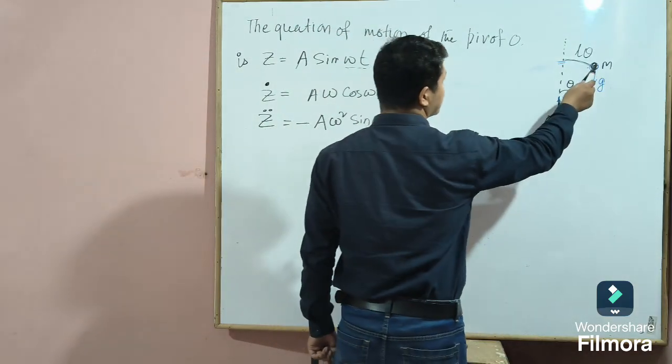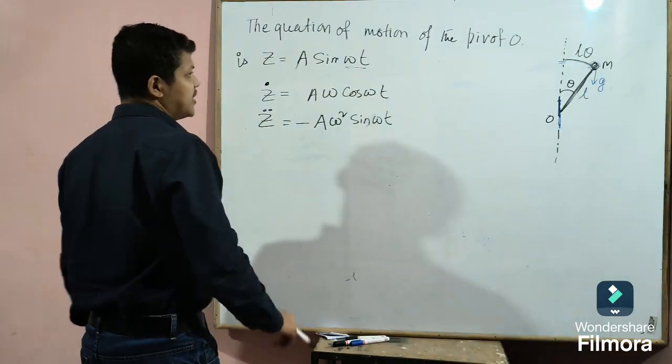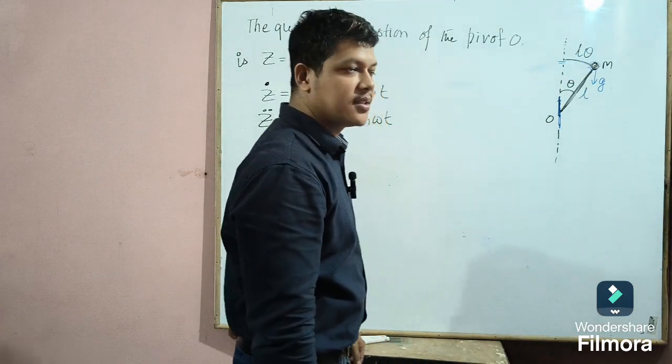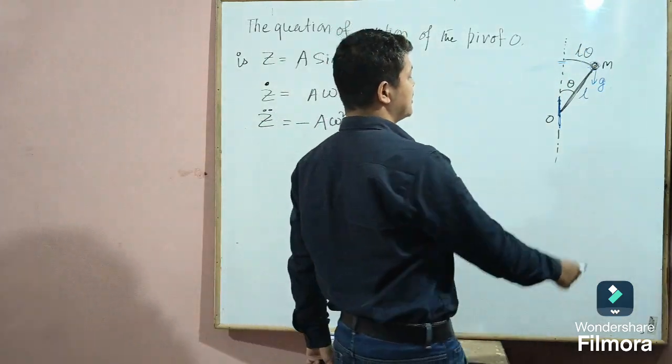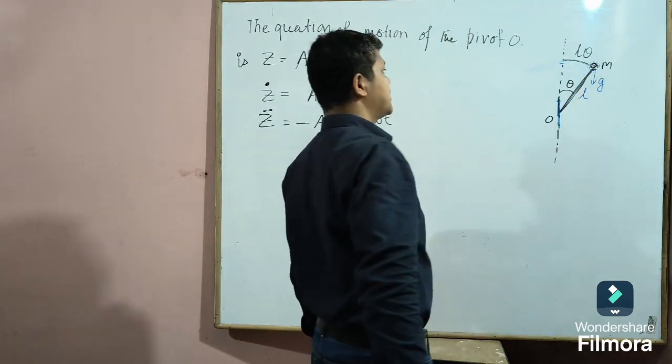Now what will be the velocity of this oscillating particle? That will be given by the time derivative of this. If you find the instantaneous velocity of this particle, then you have to differentiate with respect to time.